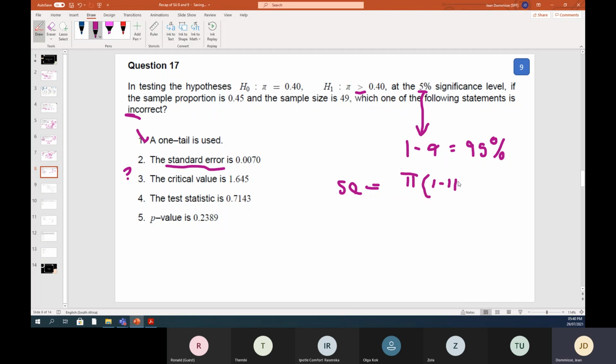So this is going back to study unit, I think 7 or 8, where we did the standard error. Okay, so what would you have done here? What value would you have used? And I think that is what makes this one so difficult. What value would you have used?